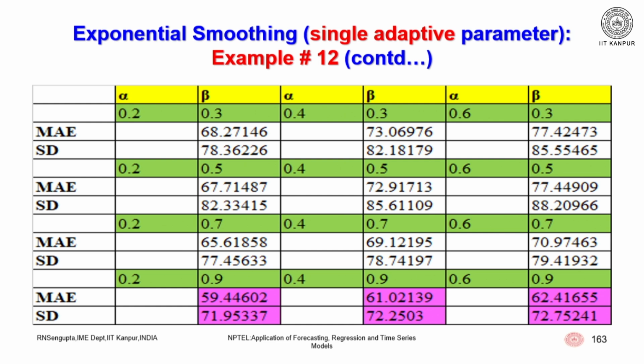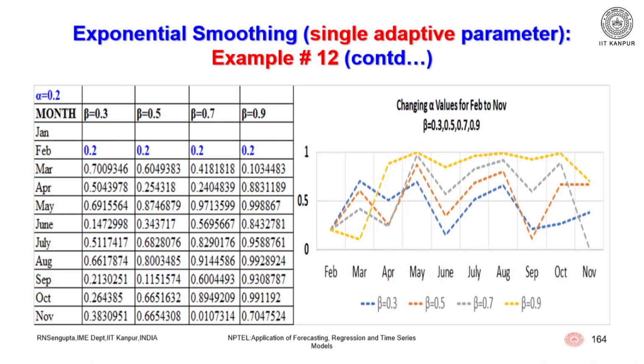So, for different combinations of alpha and beta, alpha changing from 0.4 going down to 0.2, going up to 0.6, and beta changing from 0.3 to 0.5, 0.5 to 0.7, 0.7 to 0.9, you have all the values corresponding to the MAE, mean absolute error, and the standard deviation, which is basically the square root of the variance, and variance can be found out from the mean squared error.